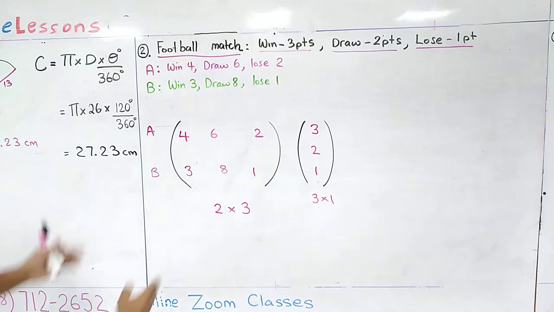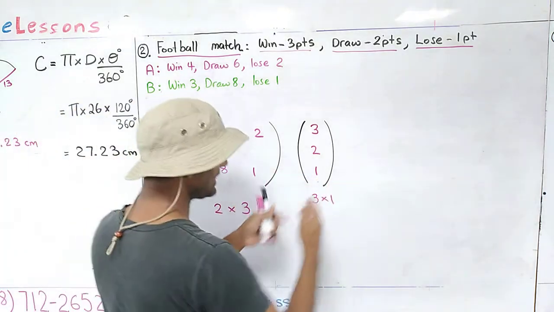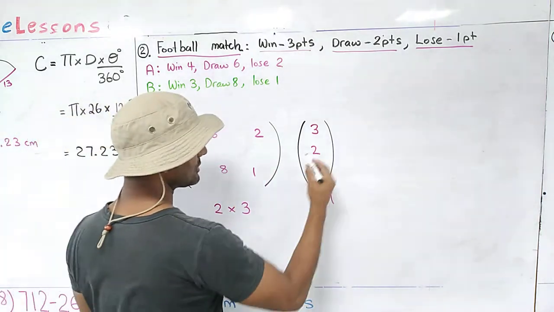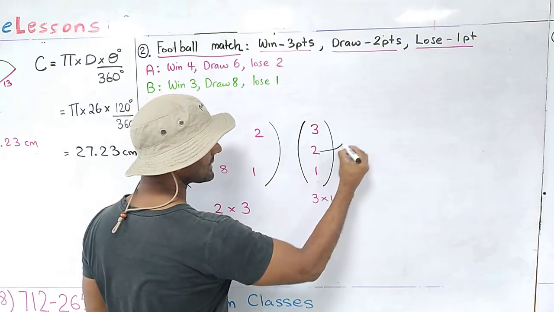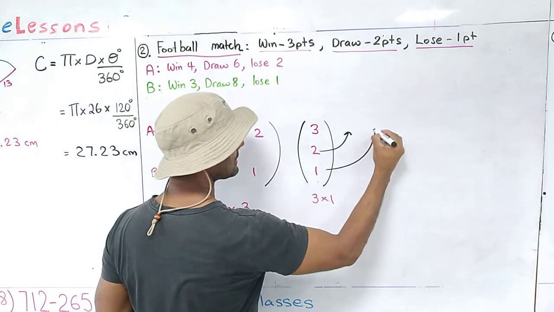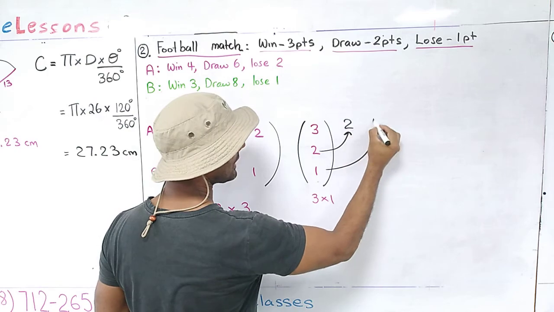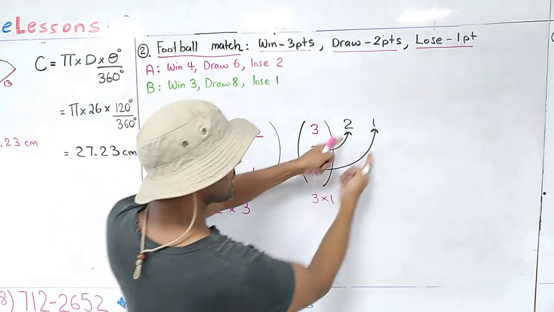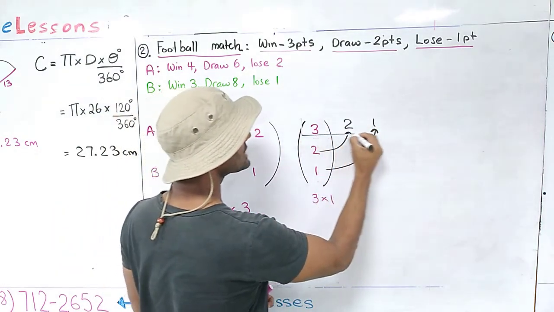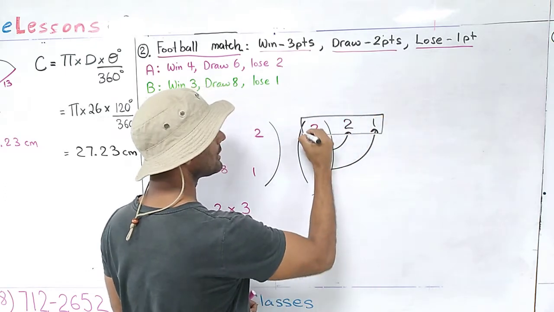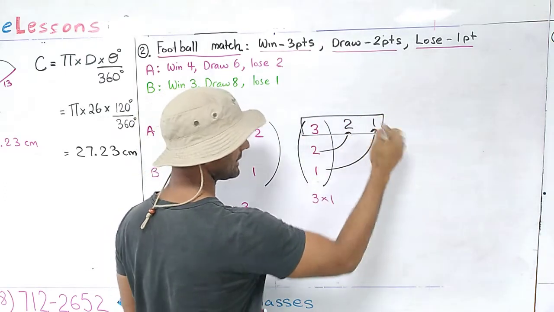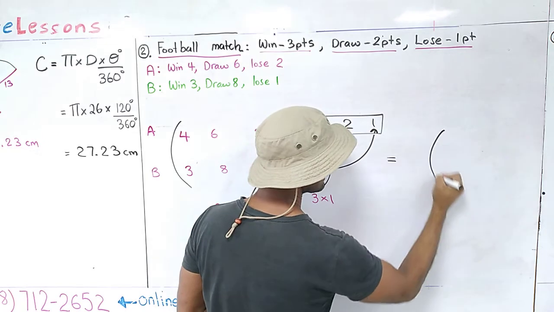So let's multiply this matrix by this matrix. What you need to do, you see these two numbers, they will swing up to the top. So over here now you have 2 and 1. So 2 of them swing up to the top. How many numbers do you see here? 3. 1, 2, 3. Here's the thing.